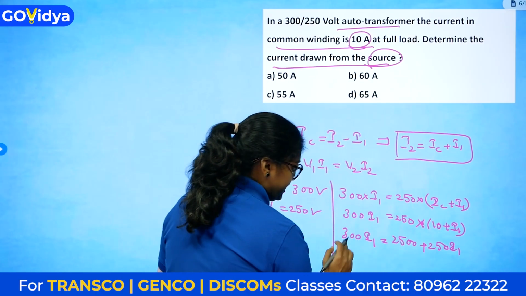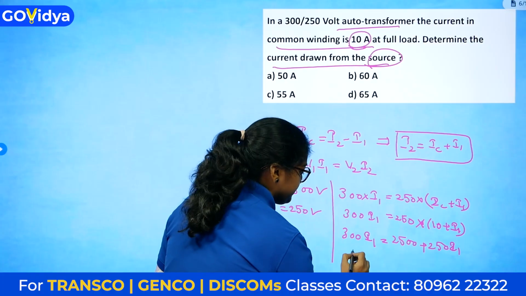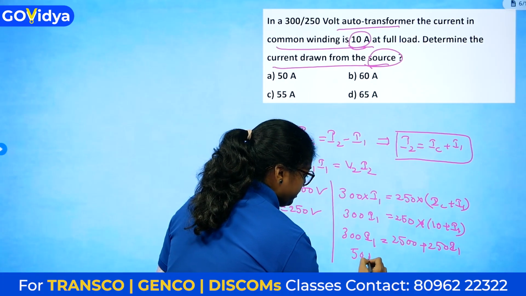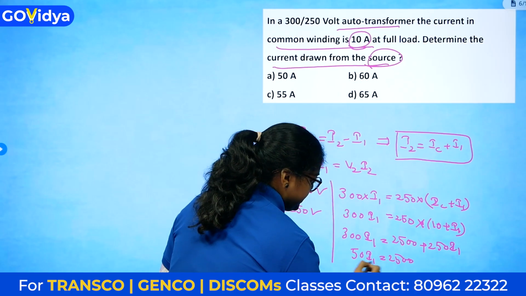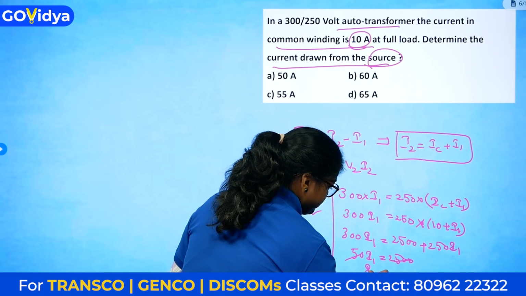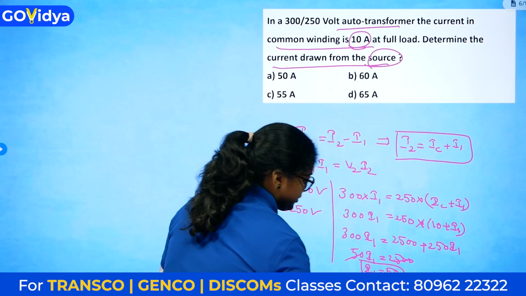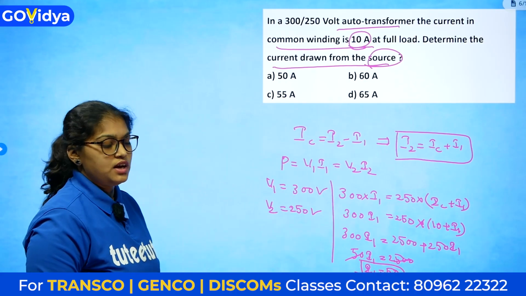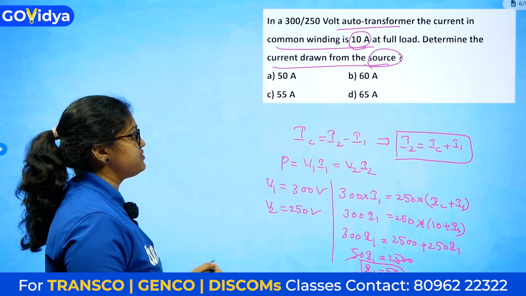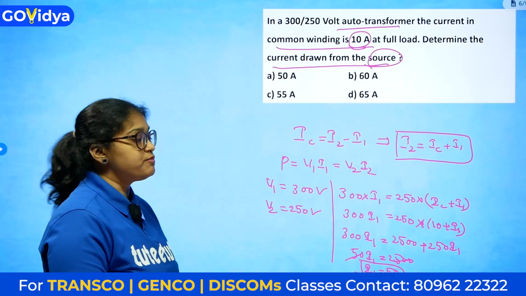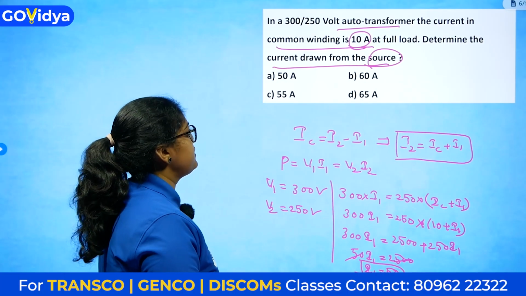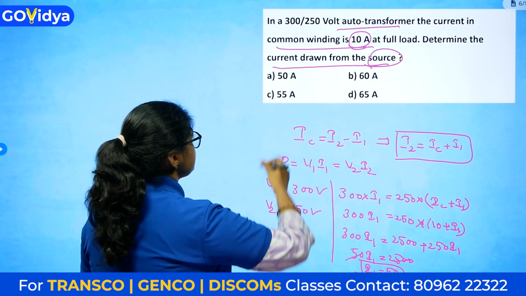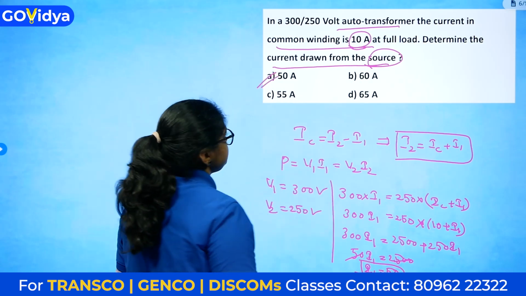I will take it to this side: 300 I1 minus 250 I1 will become 50 I1, that is equal to 2500. So the 50 will cancel, and I will get the I1 value as 50 amperes. The I1 is 50 amperes, which is nothing but the current drawn from the source. So option A is 50, option B 60, 55 D. So option A matches.